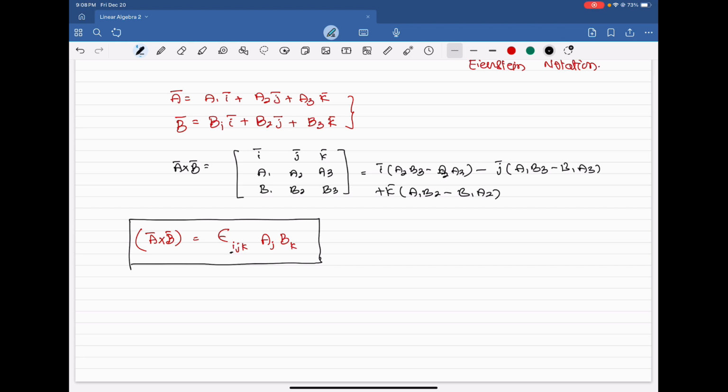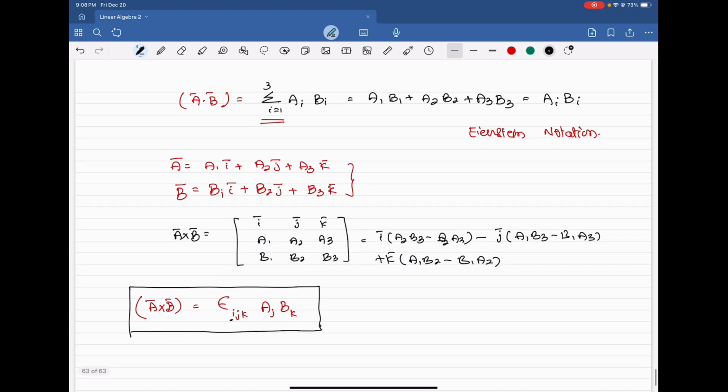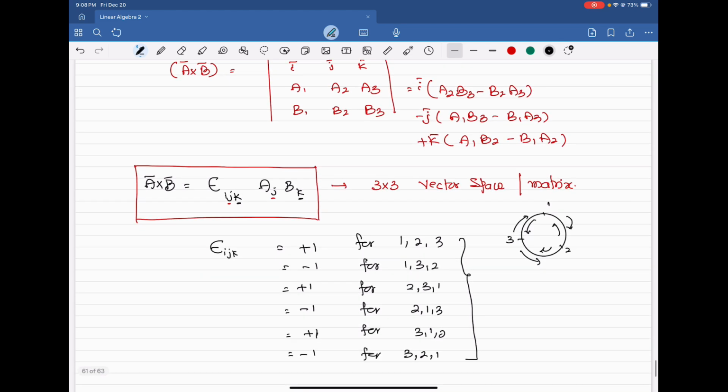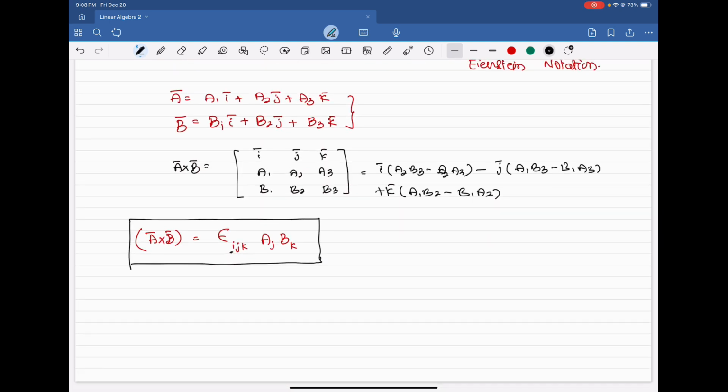Now, I have seen from Einstein notation that AJ BK, like AI BI, is nothing but a summation. Now let us do the summation here. If I do the summation, what happens? What are the various permutations and combinations I have? For 3D, epsilon 1, 2, 3 is equal to plus 1.